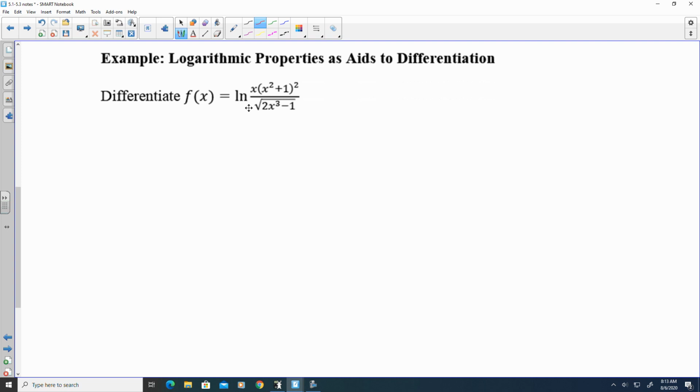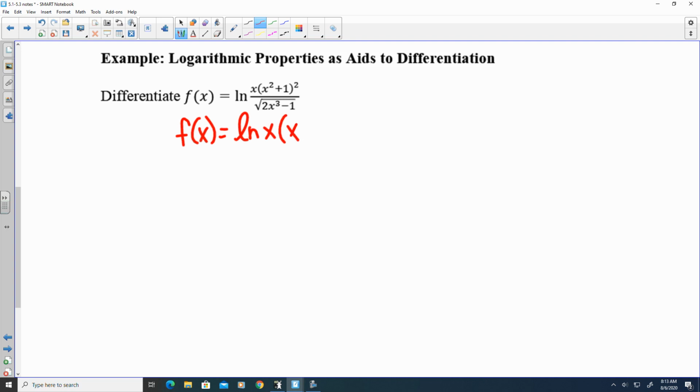For example, I don't really want to do the quotient rule with 2 chain rules involved. I think I would rather try to do some logarithmic properties to split this up into several much simpler logarithm terms so that this is not such a pain in the butt to take the derivative of. So the first, I'm just going to start splitting it up.